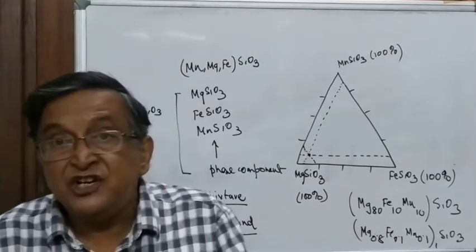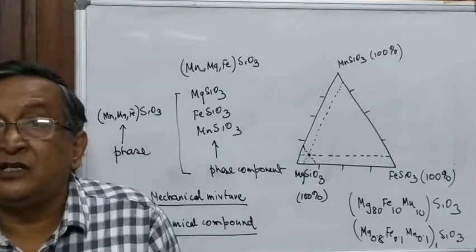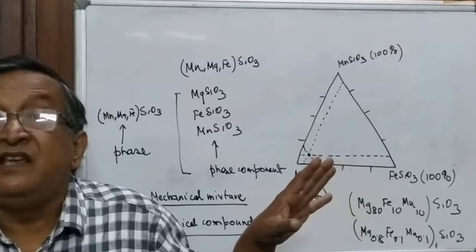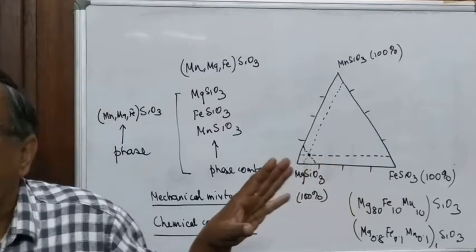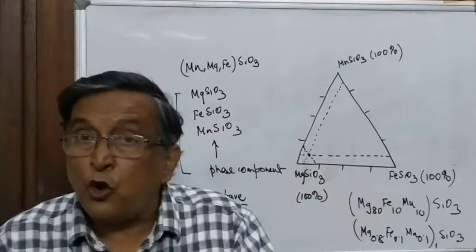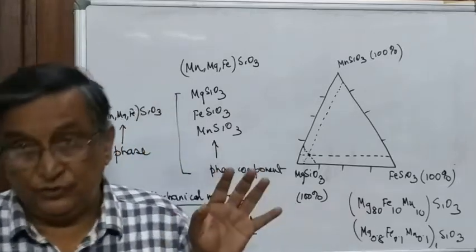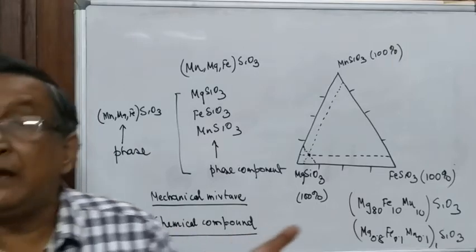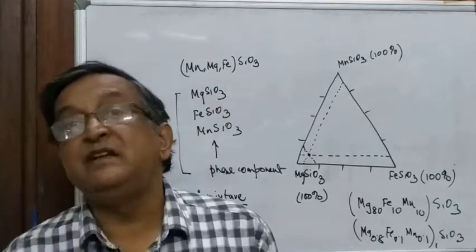Dry sugar and dry salt can be separated by physical means. Have you understood? We are talking of chemical compounds. I will tell you the thermodynamics of how chemical compounds can become mechanical mixtures. That is a completely different issue.